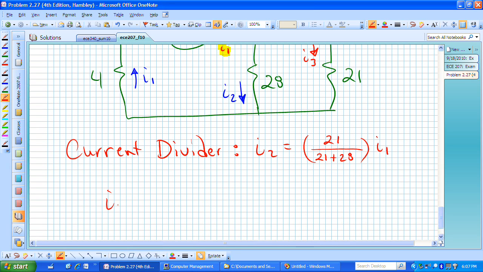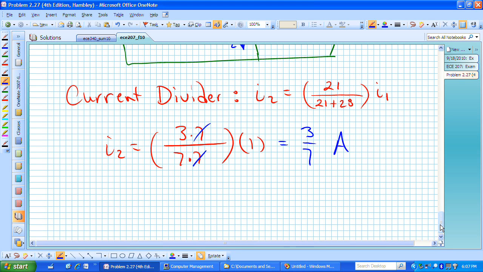And now I can see that I sub 2 is actually 3 times 7 over the sum of 21 and 28, which is 49, so that's 7 times 7, times I sub 1, which was 1. This particular combination of 7s cancel, and I'm left with I sub 2 being 3/7 amp. And that should be consistent with what we had derived before.